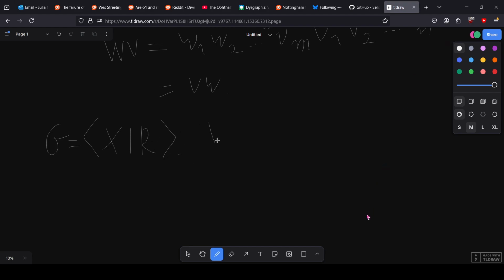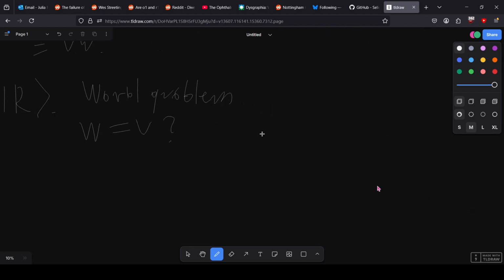How do you go about proving that any given two words are equal inside of G? This is something called the word problem for a group, and it is generally actually undecidable. There are no algorithms that solve this in general for groups. And this is one of the easier ones.